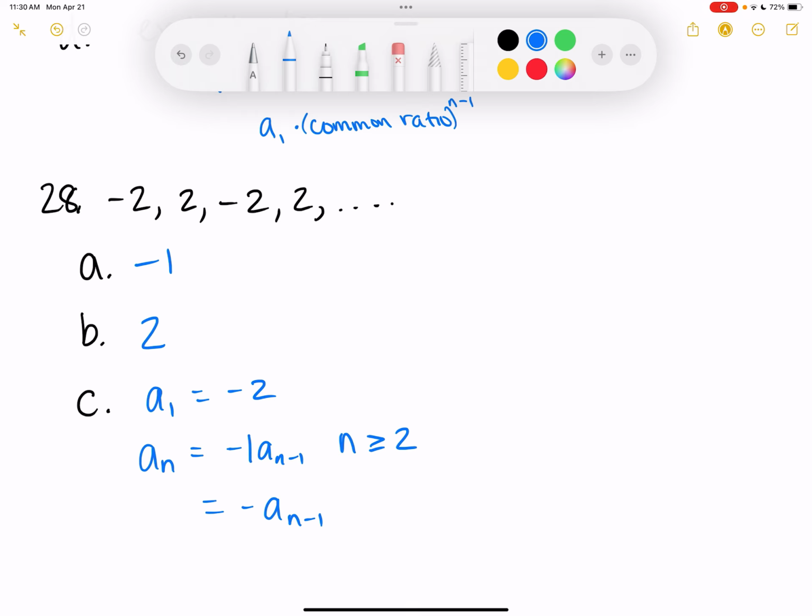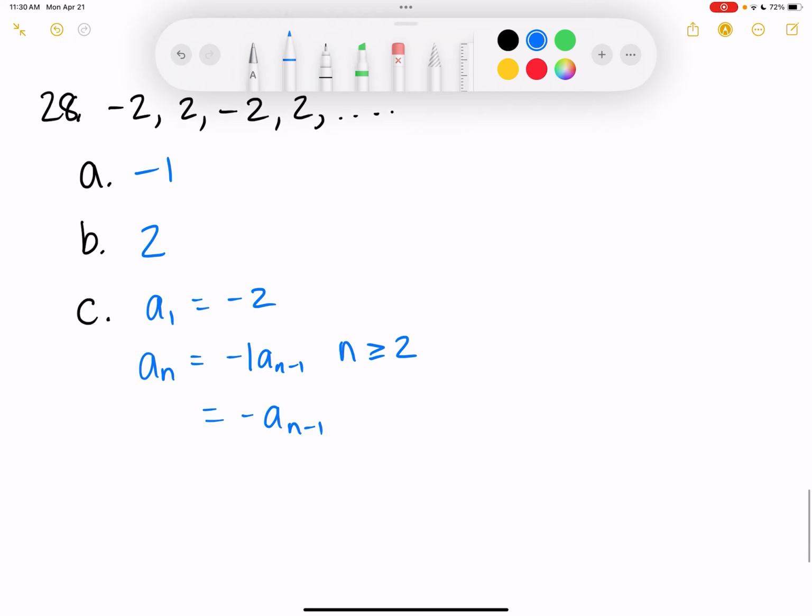That's also fine. So either way is fine. If you want to, for lack of a better term, explicitly write the common ratio of -1, you can. But if you write the negative, obviously it's understood that there's a 1 there. So either of those is fine.